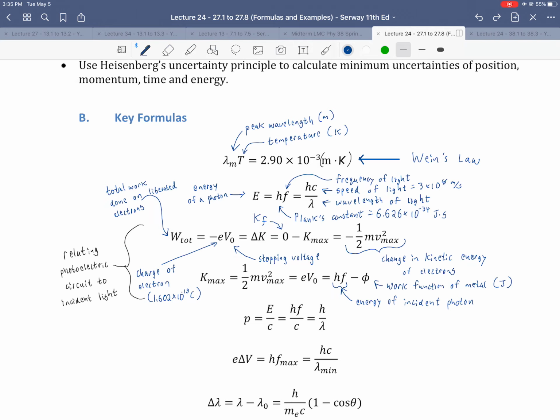Just to summarize, we're shining light in, and the energy of the light goes into the metal. That energy has to permeate the metal, which is why we subtract out the work function, because that represents the metal's hold on the electrons. But if the energy of the photons is big enough, then it can more than give up enough to the metal to overcome the work function, with some leftover energy. That leftover energy becomes the kinetic energy of the electrons.